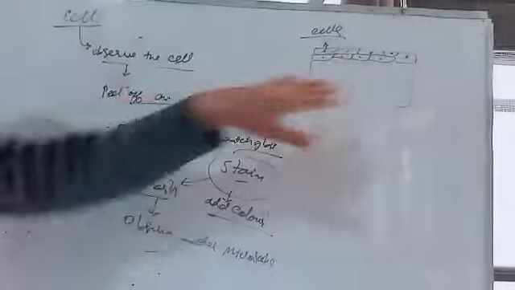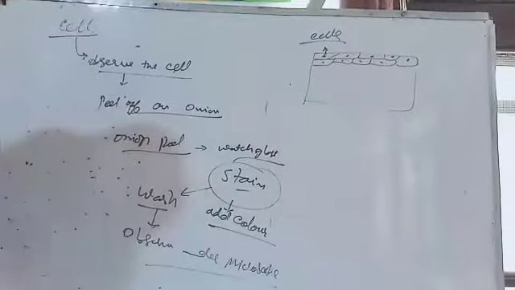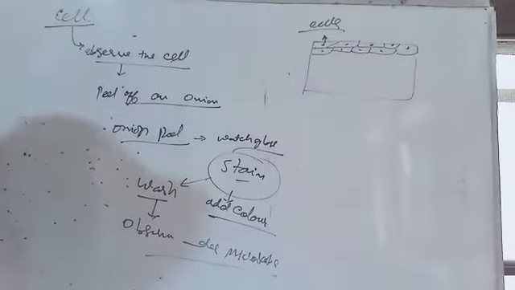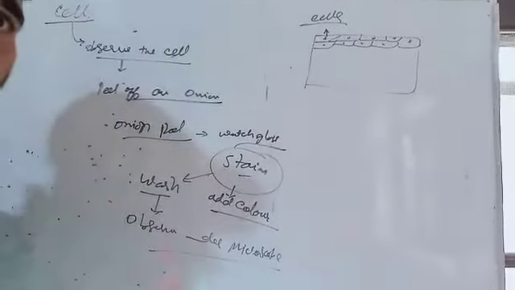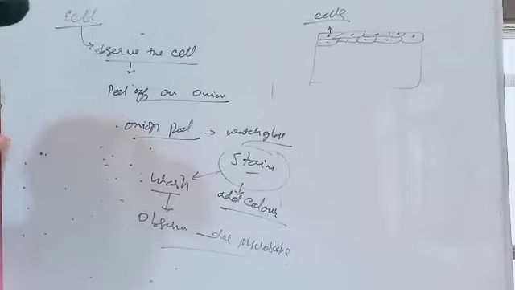These brick-like structures present in the onion peel are actually the cells. These cells perform different types of functions, the basic functions which I discussed with you yesterday, so that the organism is living.